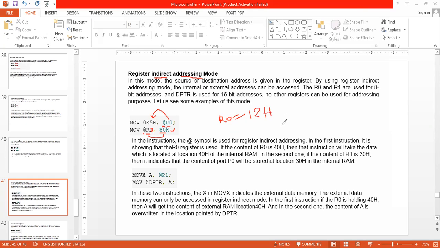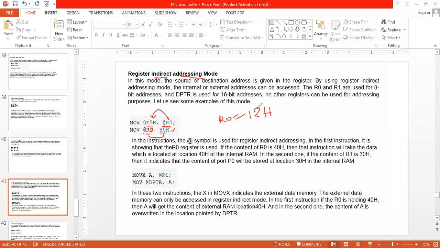Now at R0, what will happen? Whatever the data present inside R0 is considered as an address. And from that address, whatever the data is present, that will be loaded into E5H.